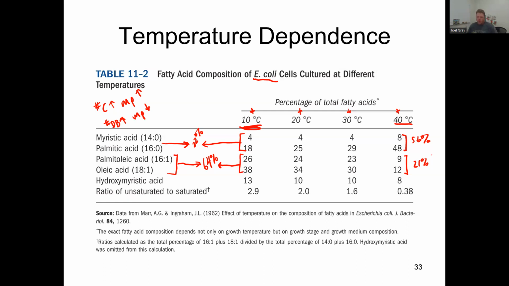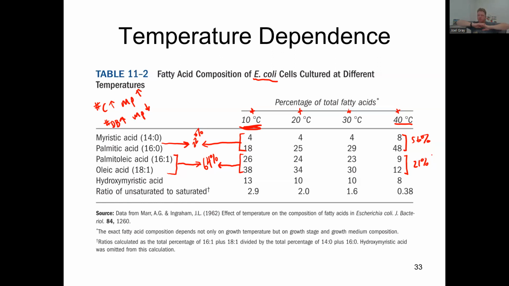Now, what we see here is a high percentage of unsaturated fatty acids at a low temperature. So imagine that my arms are the lipid bilayer. This is the level of movement that we wanted. And the cell wants that same level of movement at a higher temperature.